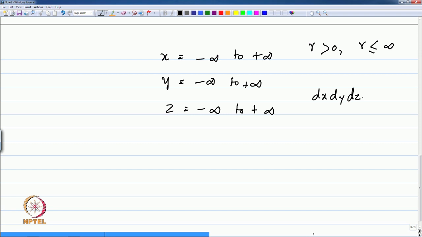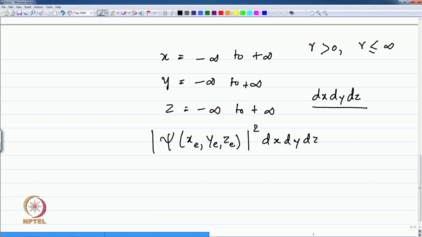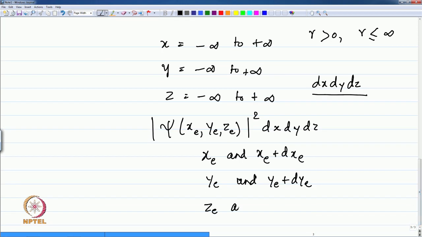For the electron, the volume element is dx dy dz, and then the probability is psi of xe, ye, ze absolute square dx dy dz, the probability of finding the electron in the region or in the cube between xe and xe plus dxe, ye and ye plus dye, and ze and ze plus dze.